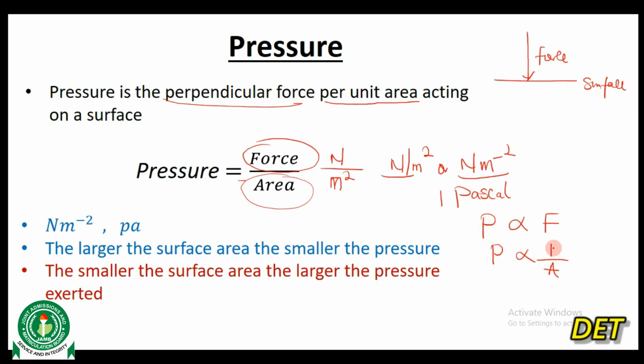So note this relationship. Pressure is inversely proportional to the area. That means as one variable increases, the other will decrease, and as one decreases, the other will increase. So if area increases, pressure will decrease, or if area decreases, pressure will increase. This is a very important fact.